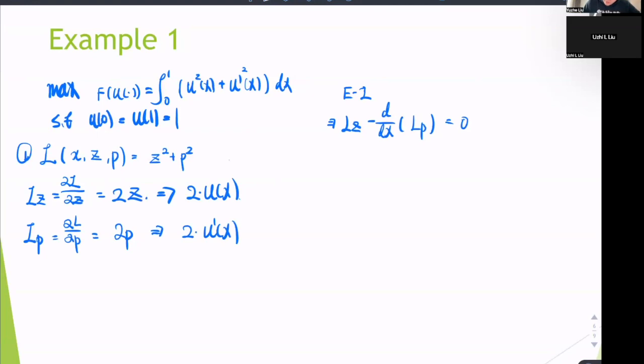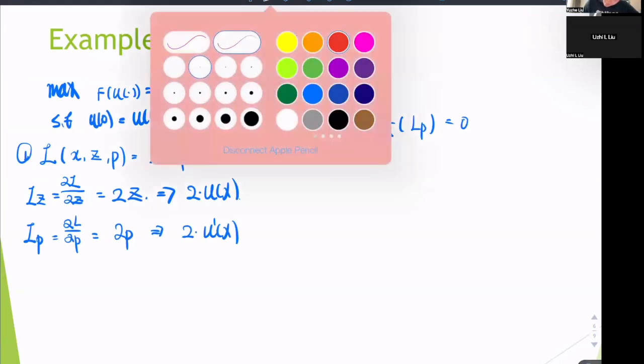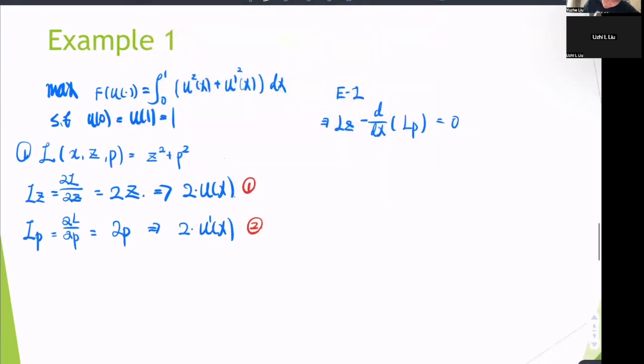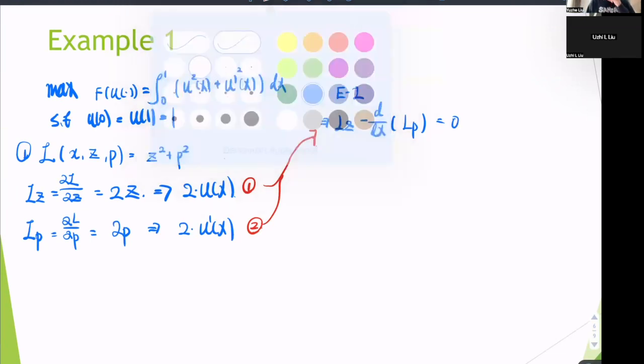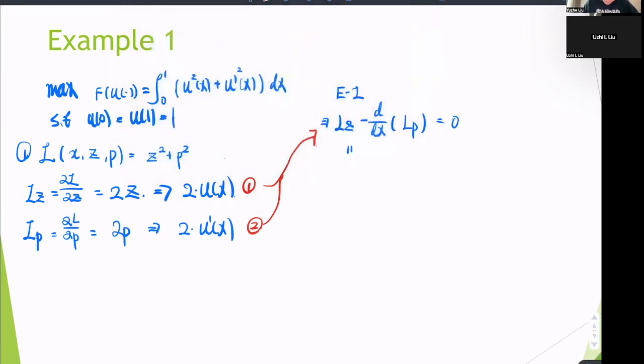And now we simply have to put these into our Euler-Lagrange equation, and this will get us an ordinary differential equation.